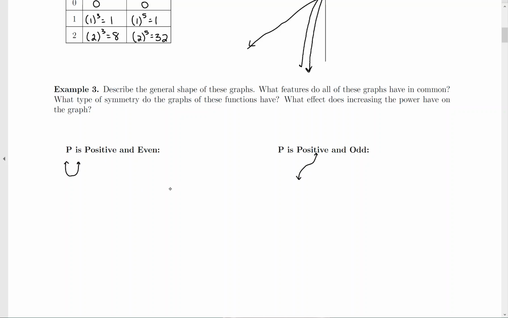Well, they both either touched or went through the origin or the 0, 0 point. So both had 0, 0 in common. Each graph either touched it and turned around or it went straight through it like the ones above here did.